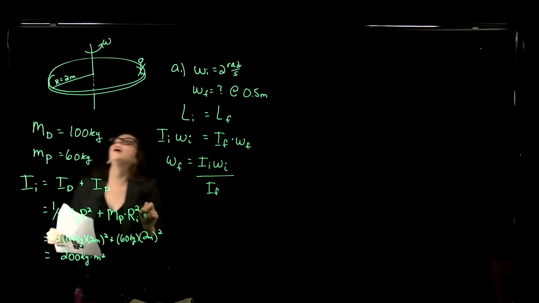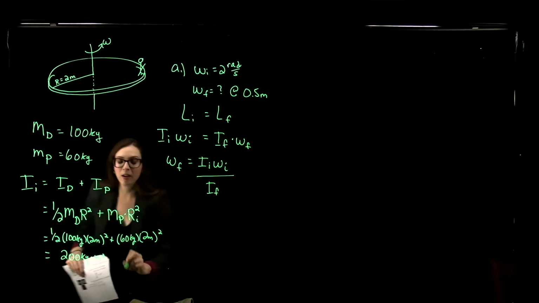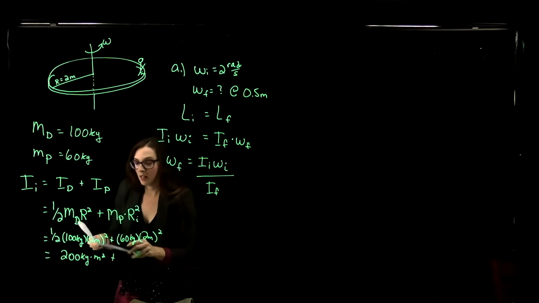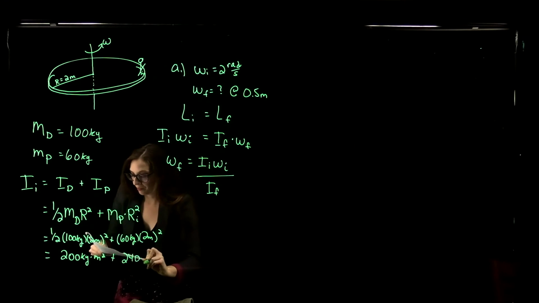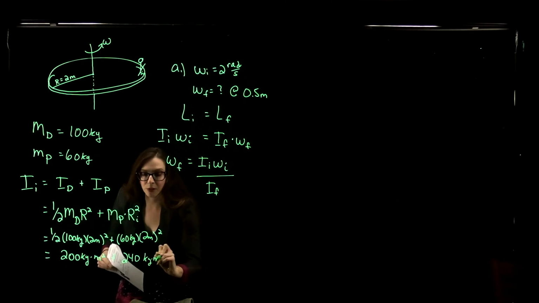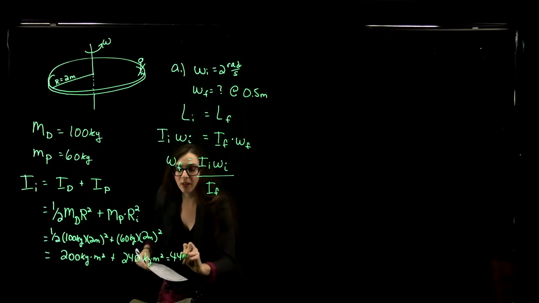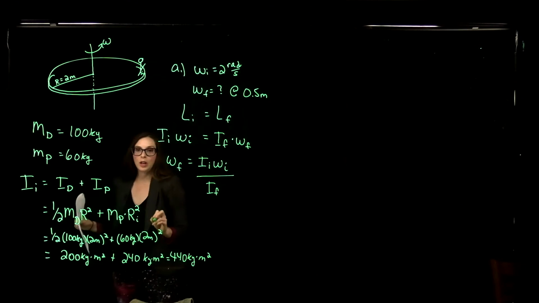So the unit of moment of inertia is kilogram meter squared, plus the initial moment of inertia of this person out at the end is 60 times 2 squared, so 240 kilogram meter squared. And so the sum of those gives us 440 kilogram meter squared, okay?